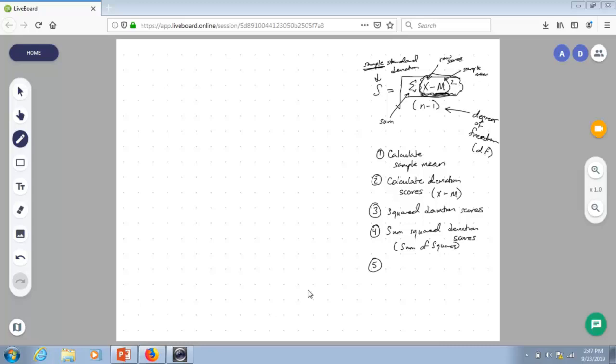After you calculate the sum of squares, or you do everything in your numerator here, the next thing to do, according to the order of operations, is divide that sum of squares by n minus 1 to get the variance.